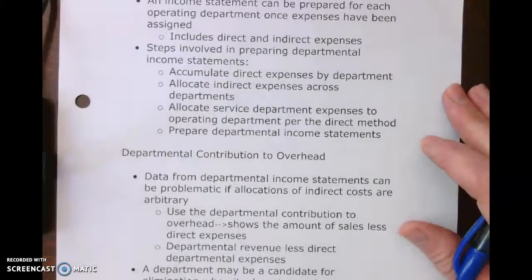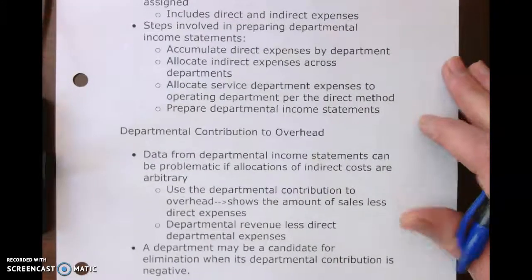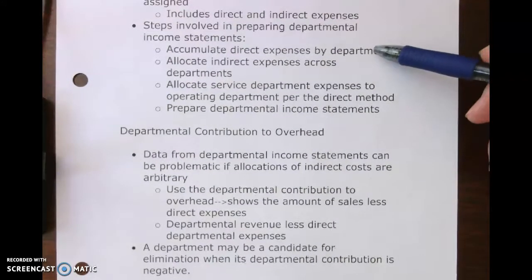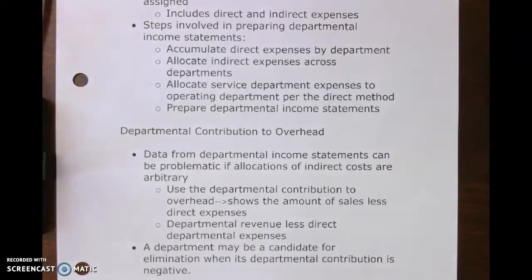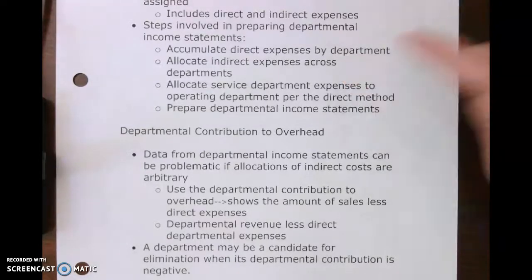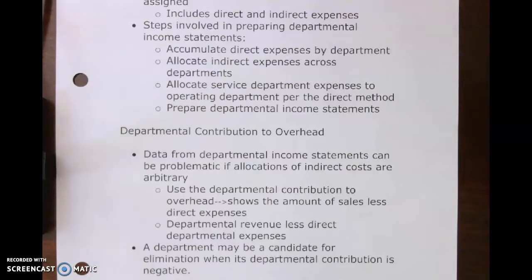We talked about some steps in preparing a departmental income statement. We're going to track and accumulate all of our direct expenses, and then we'll allocate our indirect expenses across departments. An example of an indirect expense across departments would be the janitorial department. Let's assume that the janitorial department, which is a shared department, goes to the assembly and finishing departments.